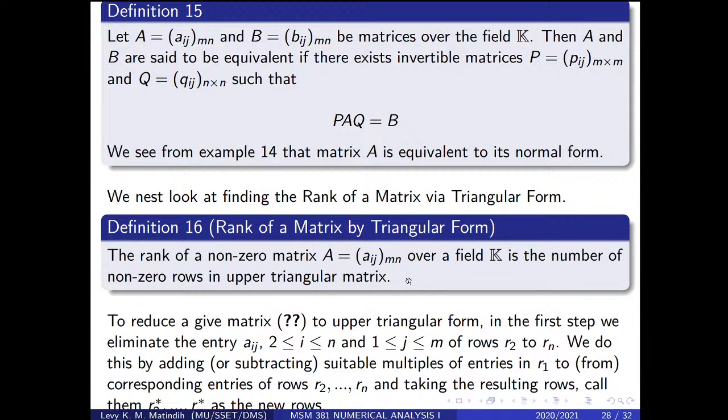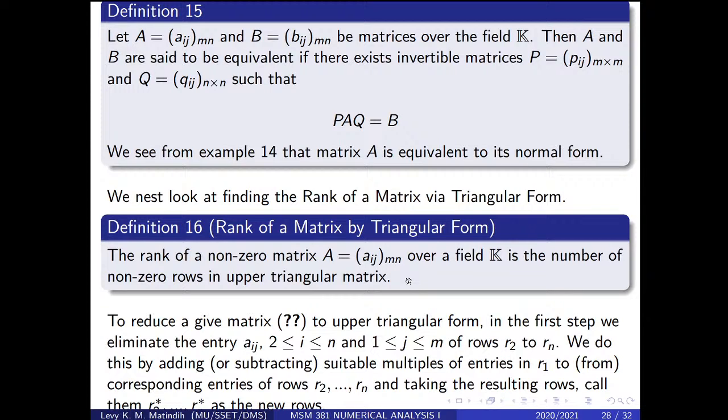Basically, instead of us finding the rank of a given matrix by first computing the normal form of a matrix, we can also do that by just transforming the matrix into a triangular form, in short, an upper triangular form, as in the next definition.